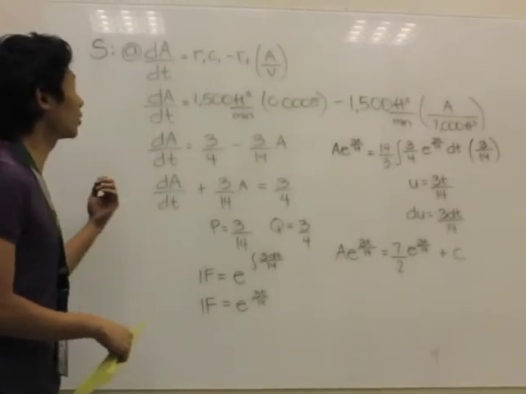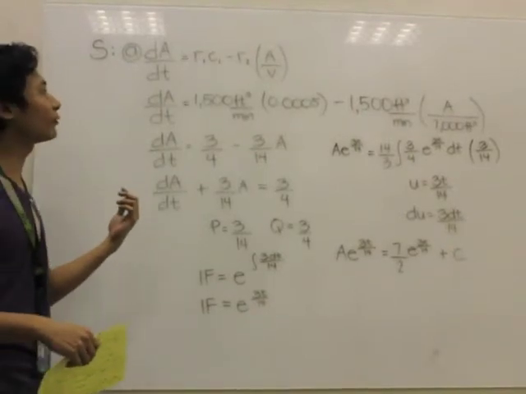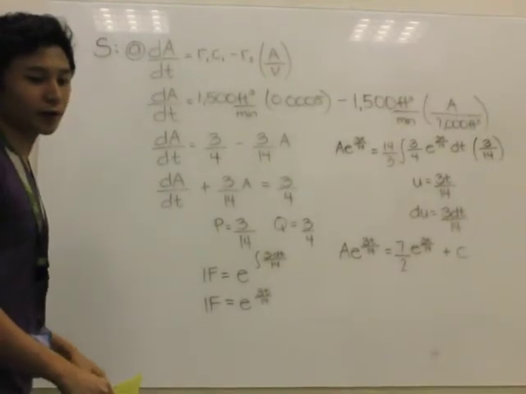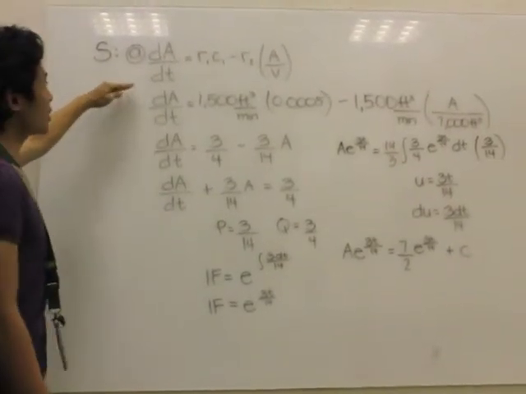This is the solution for part A, where we are looking for the concentration of carbon dioxide. dA over dt, this is the given equation.